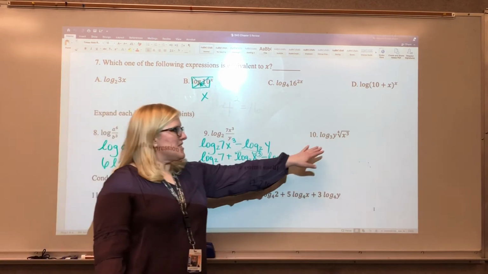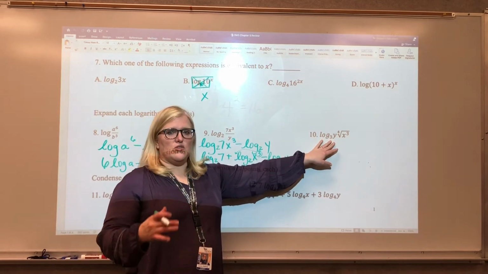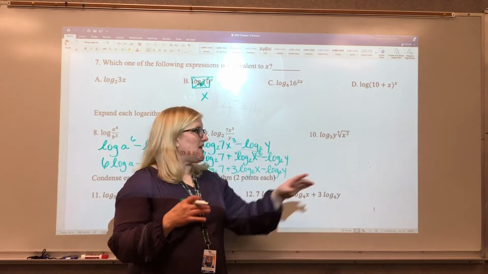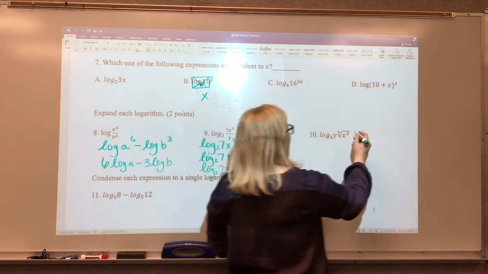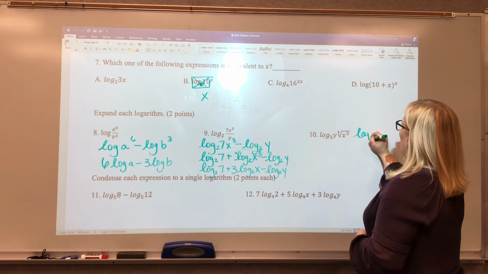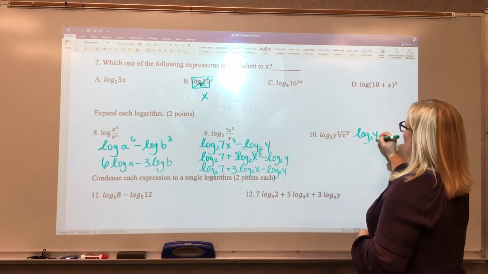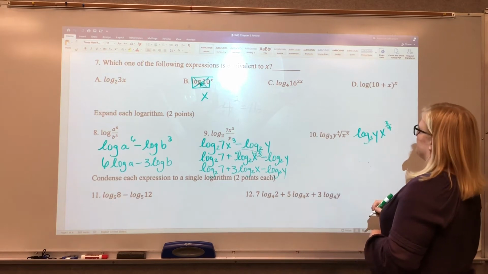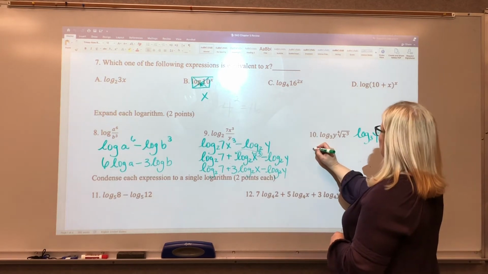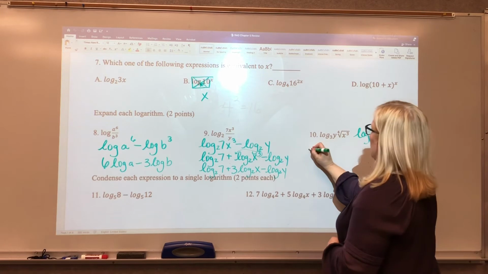Okay, for this problem, the best thing that you can do first is turn the radical sign into an exponent. So if I do that, I have log base 3 of y times x to the 3/4 power. So now, this is multiplication, so I'm going to add.